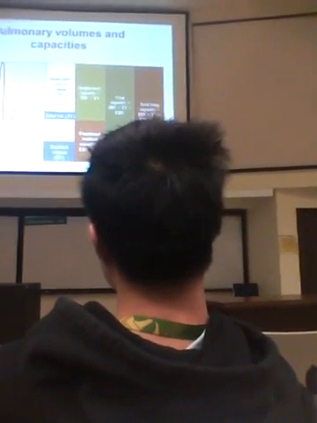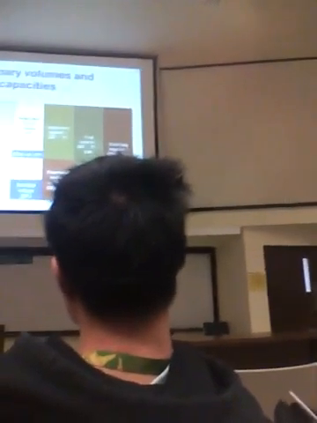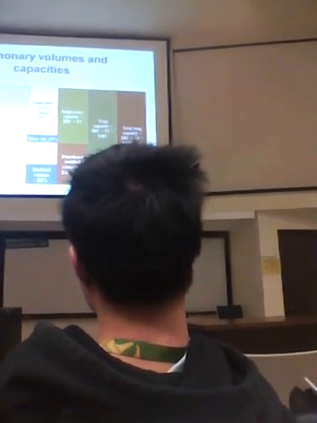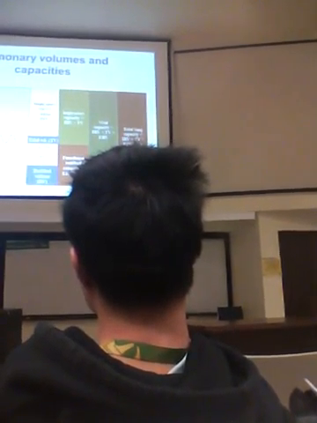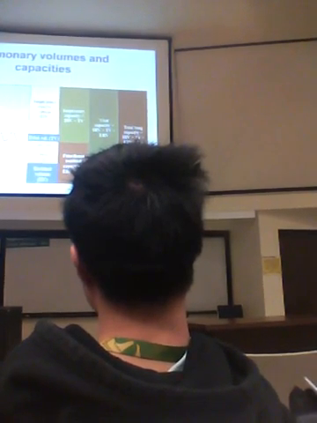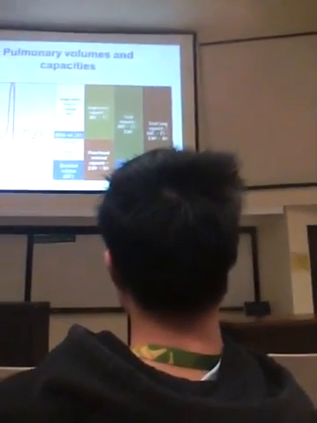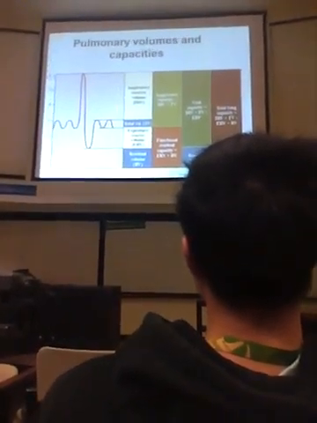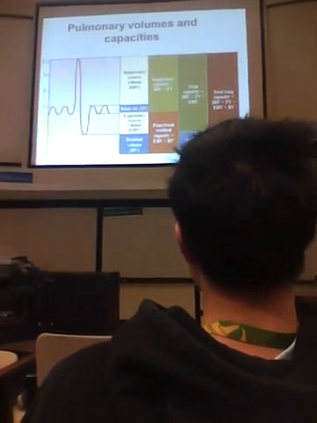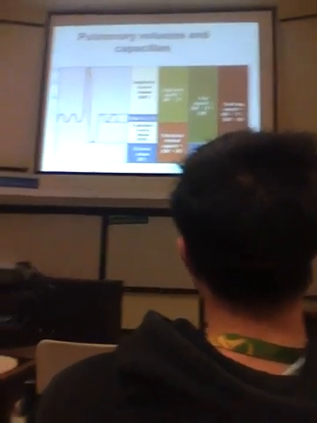And so they have these traces then, and so then they can crunch the numbers a bit, and they can combine the tidal volume with the inspiratory reserve volume, and you get this number from here to here, and that's called the inspiratory capacity, the amount that you can inspire.